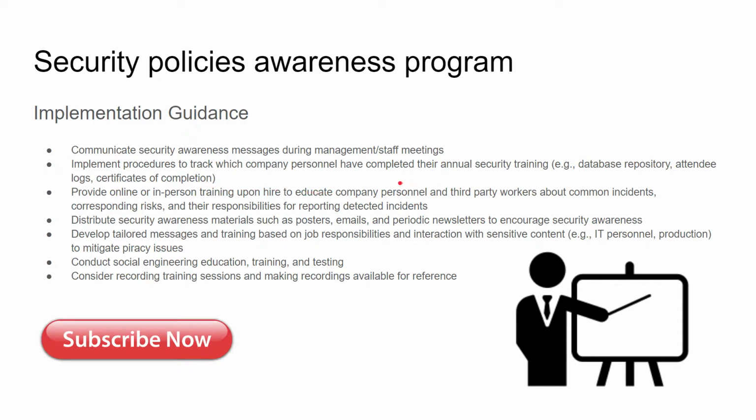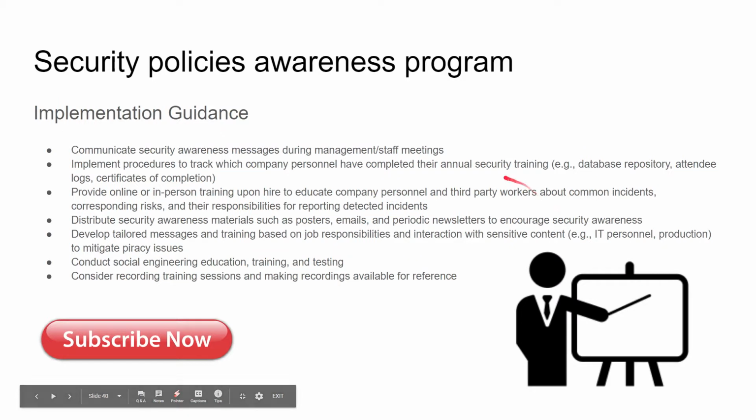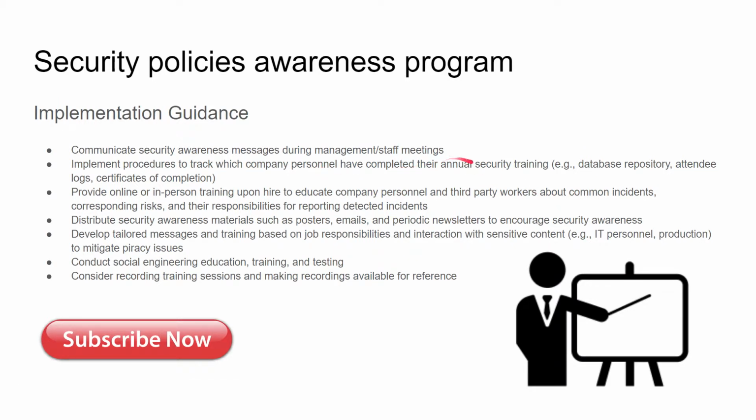So make sure you organize training for your employees and keep track of which employees actually attend that security training. And this is just my additional tip: you can put in a questionnaire at the end of the training, to make sure that the employees understand the things explained in the meeting or the training.